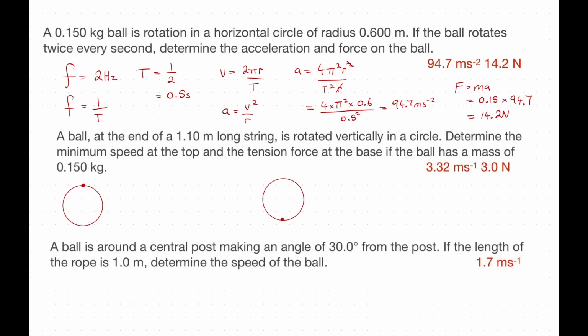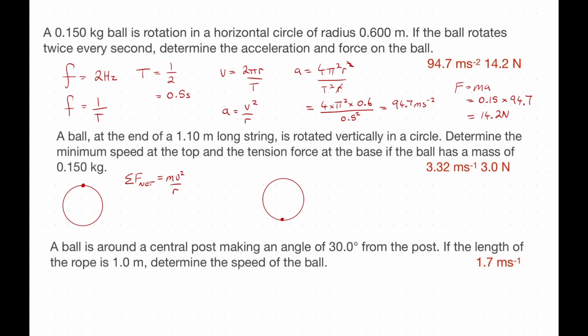If we look at this, our sum of the forces at the top, it's moving in a circular motion, so therefore the net force is going to be equal to mv squared on r. Any time that we have an object that is traveling in uniform circular motion, its net force must be equal to mv squared on r.